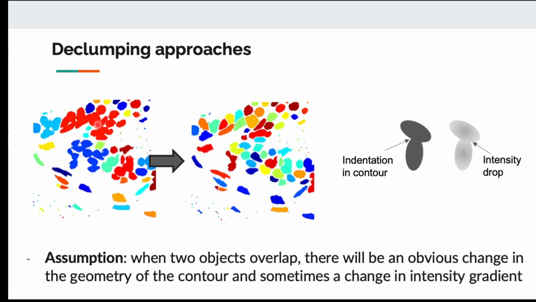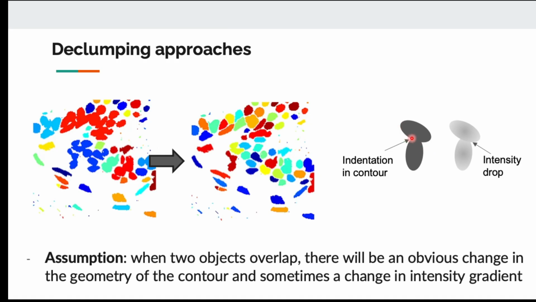How do we cut them apart? There are two ideas that people use to isolate two objects that are touching each other. In this case, we use the assumption that cells or nuclei can usually be described as an oval in general. So when you have two ovals that touch each other, there will be two things that help you distinguish that there are two objects here.